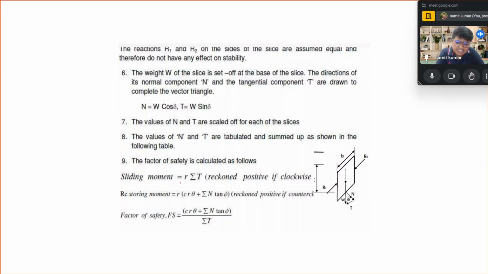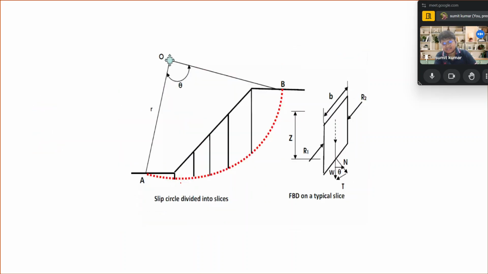So Fs is C R theta plus summation of N tan phi upon summation of T. In this manner, we are able to develop a relation to find the factor of safety for the slip circle method or the Swedish slip circle.